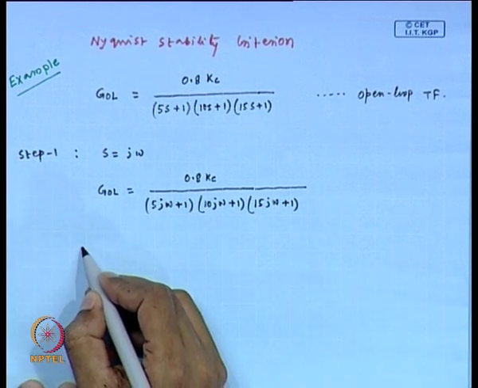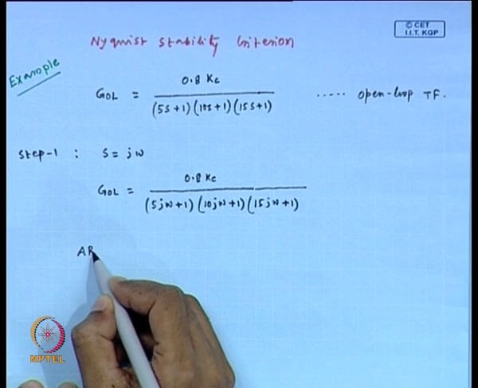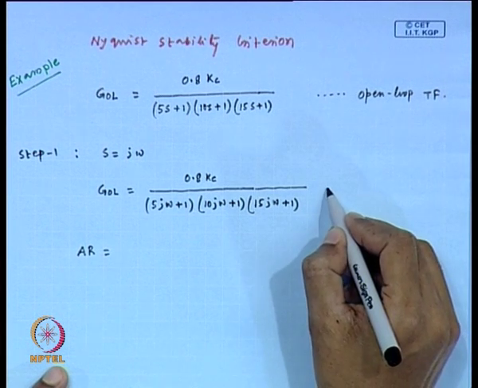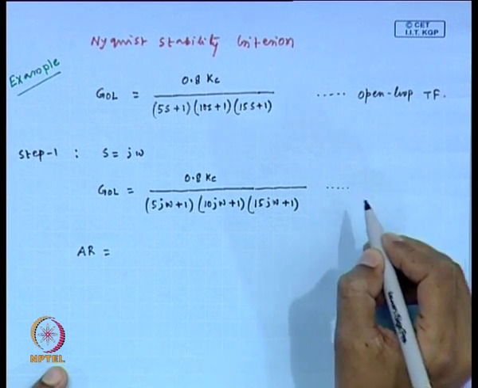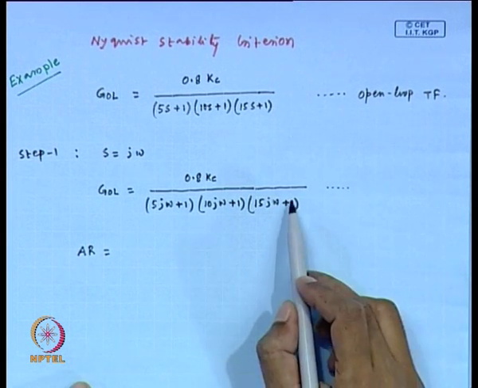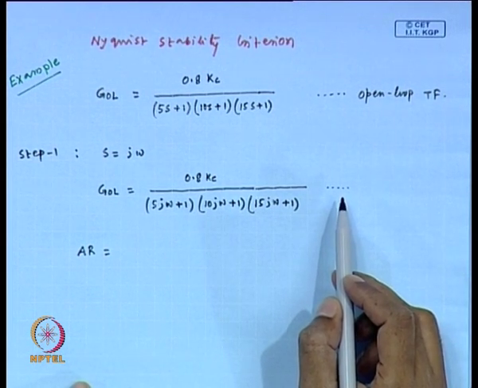Now, we can write the expression for amplitude ratio and phase angle phi. This indicates that three first order systems are connected in series.